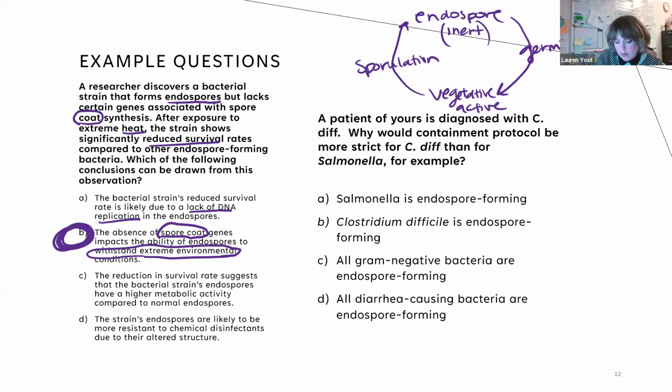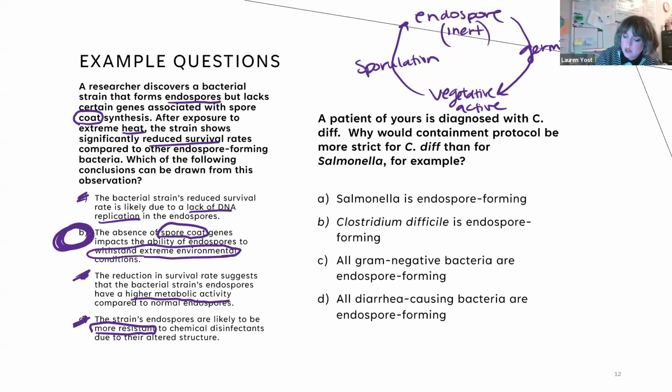The reduction in survival rate suggests the strain's endospores have a higher metabolic activity. If they had higher metabolic activity, they'd be growing better. The strain's endospores are likely to be more resistant to chemical disinfectants. More resistant? I'd assume they'd be less resistant. So it's probably not that either. So B is our best answer.